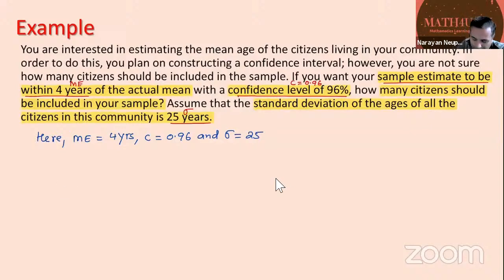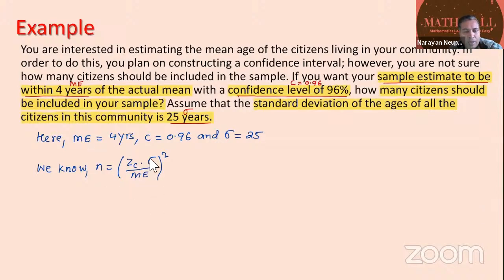Now we want the sample size. The sample size n is given by the formula n = (z_c times sigma divided by the margin of error) squared.